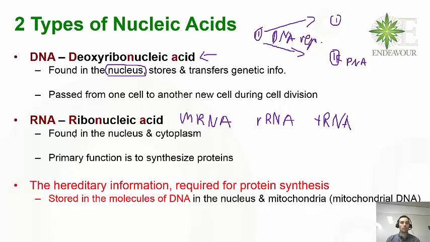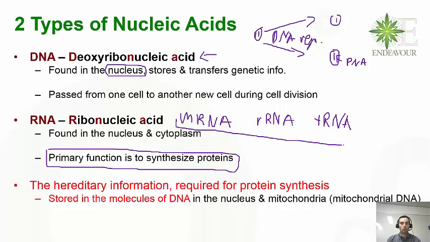So for this reason, we can say our RNAs are both found in the nucleus and also in the cytoplasm, and together they have this function of being able to synthesize protein. So it's only when we have all of these different types of RNA working together that we're able to actually create our protein from the DNA code.